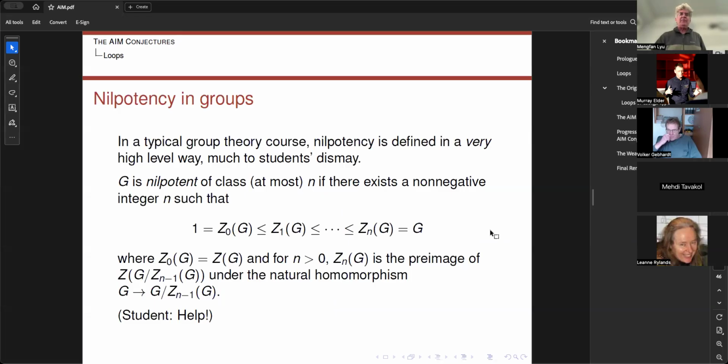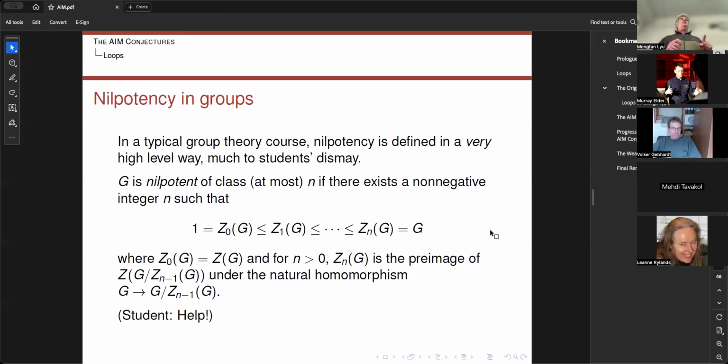Let me talk about nilpotency, because this is now the key to actually stating what the AIM conjectures are. So how is nilpotency usually defined in a group theory course? You may not get to it in an introduction to abstract algebra course, but in a more focused group theory course, you might get to it, maybe not immediately, but later.